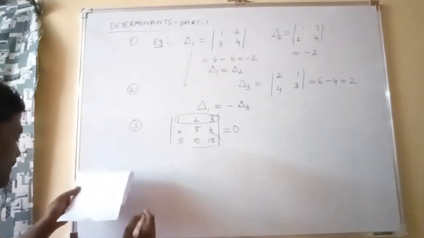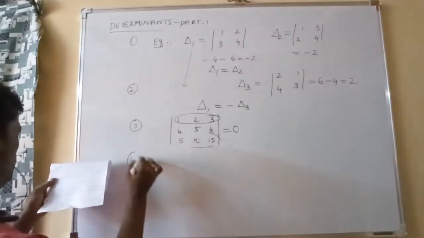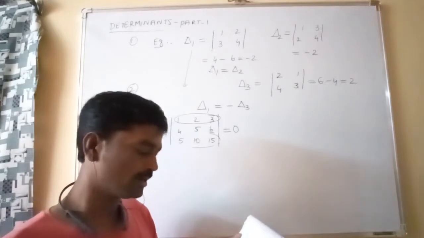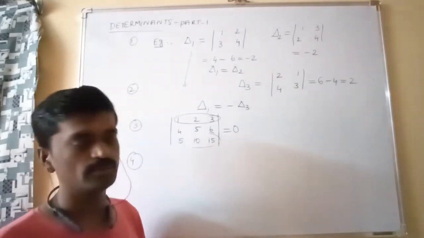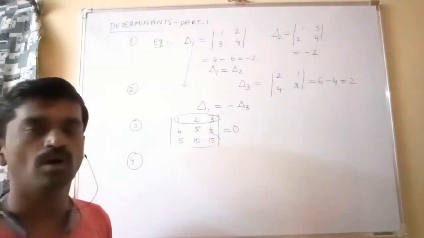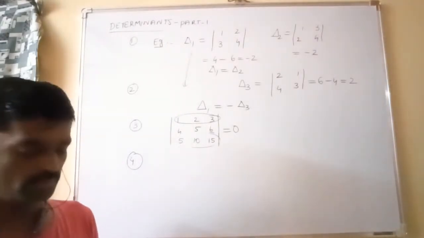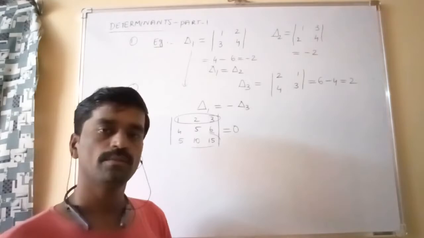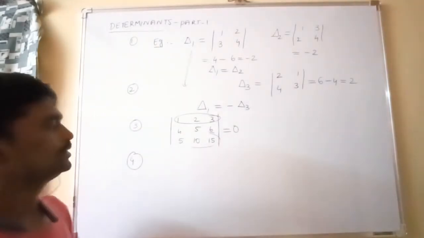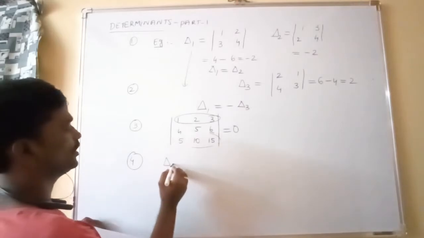Next property: if each element of a row is multiplied by a constant k, then its value is also multiplied by k. If each element of a row or column is multiplied by some constant, say k, then the value of the determinant is also multiplied by k.